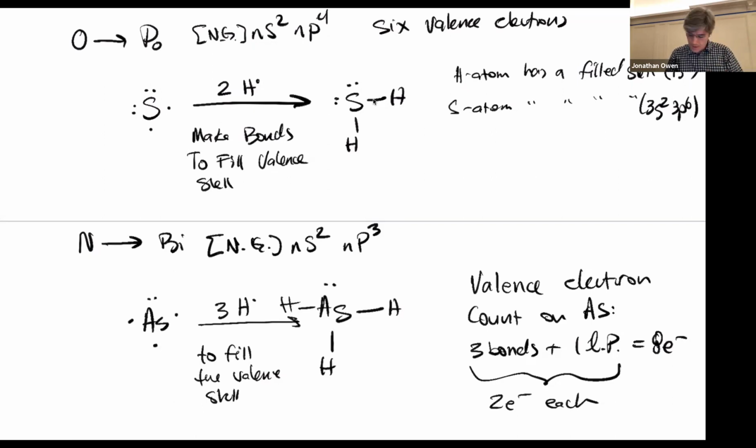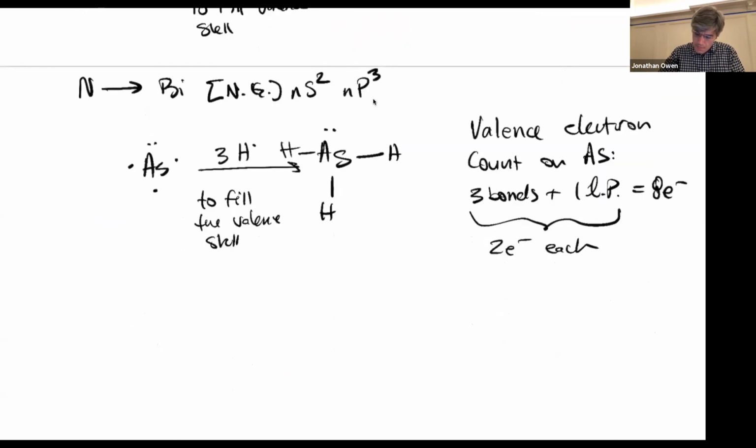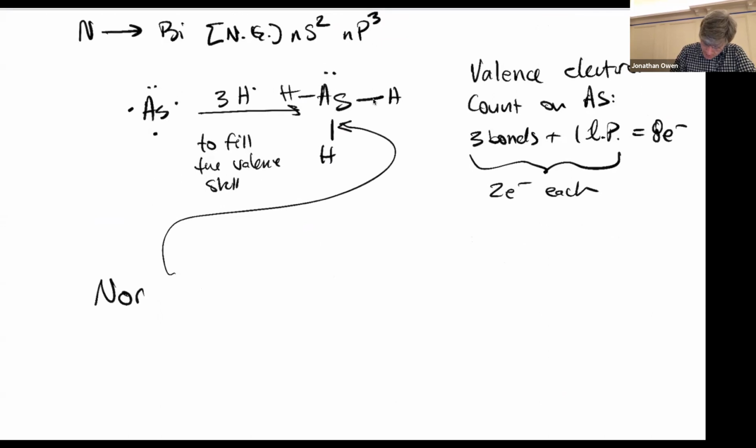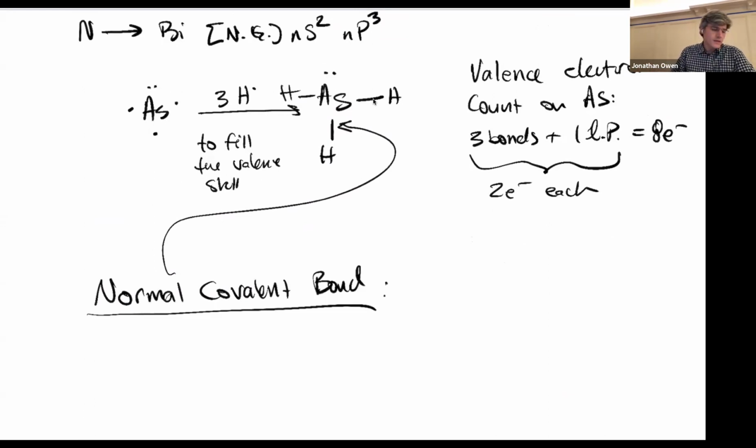All right. Now, this bond, as drawn here by a stick, is what we're going to call a normal covalent bond. This is a bond where 1 electron is contributed by each of the 2 elements that make up the interaction.